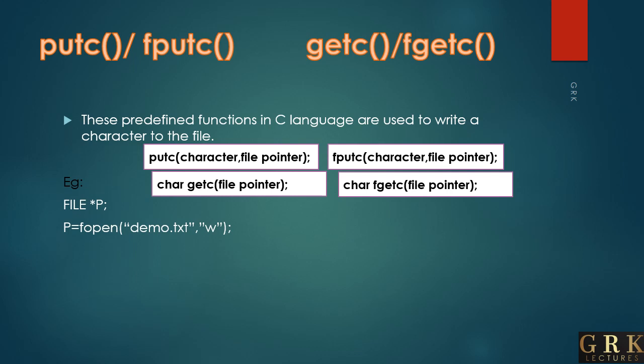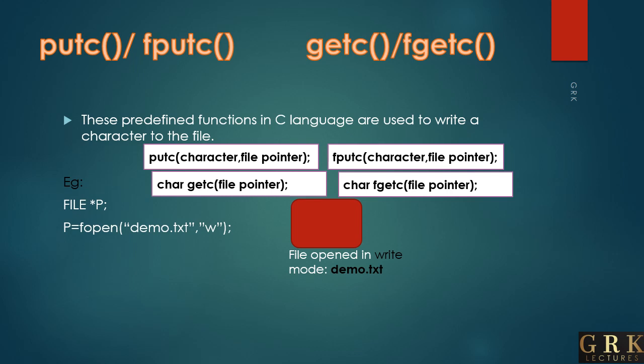First the file pointer should be created. That pointer name is p, and using the fopen function I am trying to open one file, demo.txt, in write mode. Assume that fopen successfully opened it, so a file will be opened in write mode, and this file contains nothing.